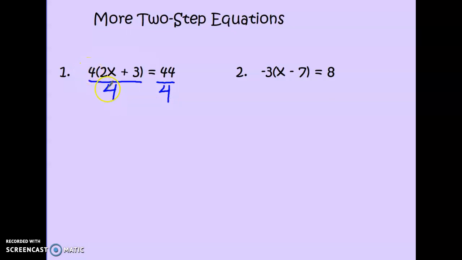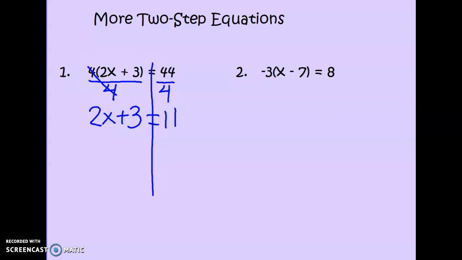That's going to get rid of what I'm multiplying by here, because the whole set of parentheses is being multiplied by that 4. So I'm going to do that and am left with 2x plus 3. And then I'm going to take 44 and divide it by 4 and get 11.